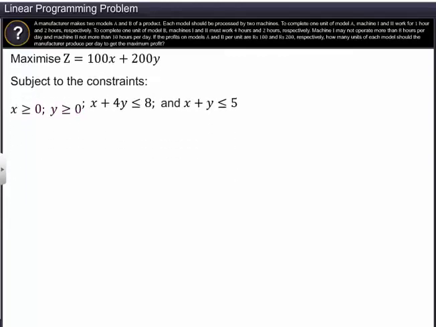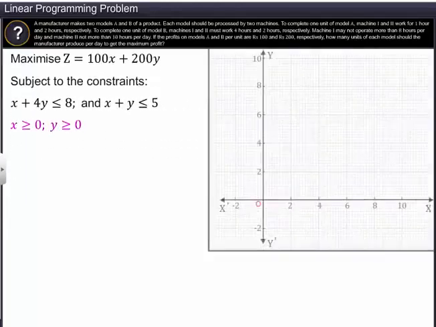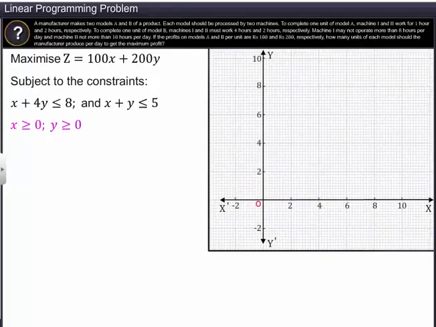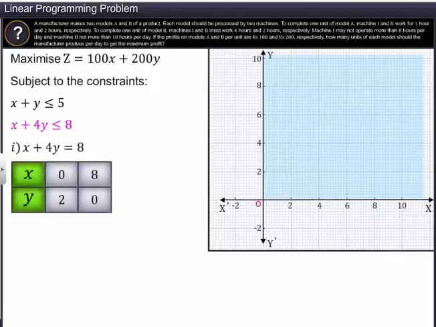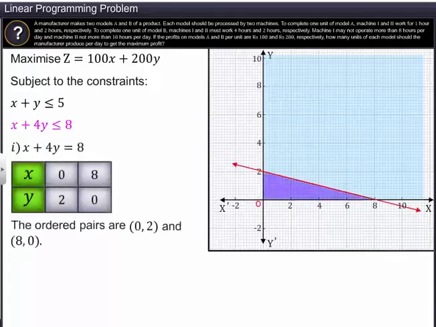Obviously, x greater than or equal to 0 and y greater than or equal to 0 have the solution in the first quadrant. The solution of the inequality x plus 4y is less than or equal to 8 is the shaded region as shown.